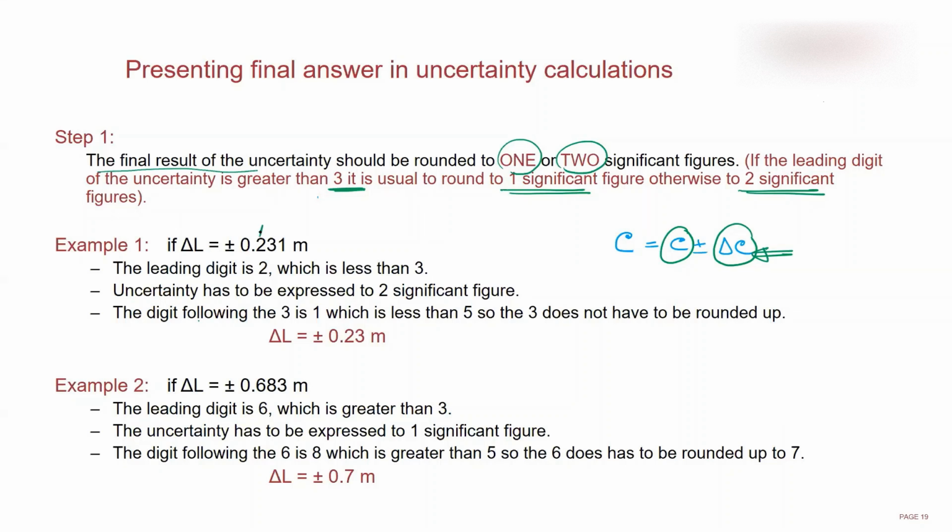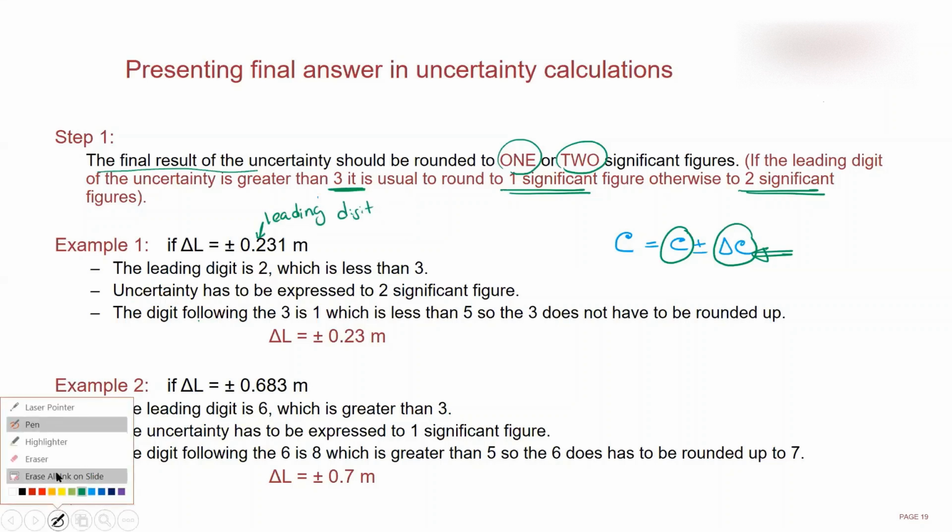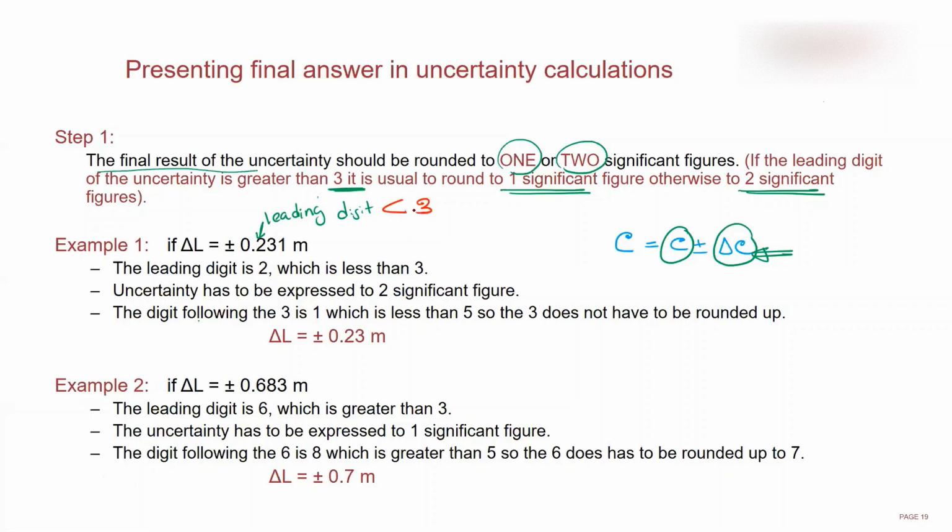So this one is the leading digit. This digit is less than 3, so we need to keep 2 significant figures. So we can write this answer as delta L equals plus or minus 0.23. We keep 2 significant figures, 1 and 2.